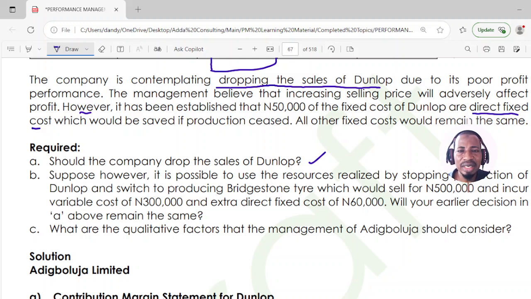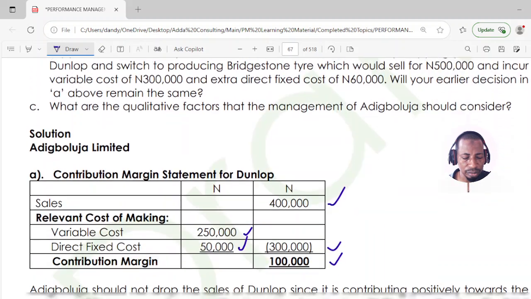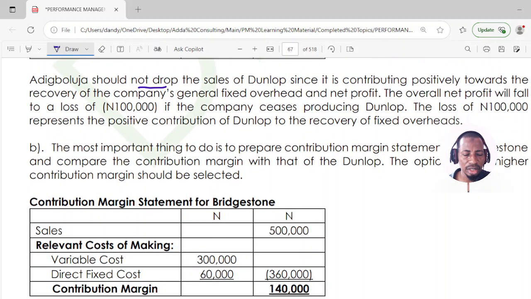Then you compare the contribution margin of Bridgestone with the contribution margin of Dunlop tire. Whichever has a higher positive contribution should be your decision. So in the B part of the requirement, the most important thing to do is to prepare a contribution margin statement for Bridgestone and compare it with that of Dunlop.